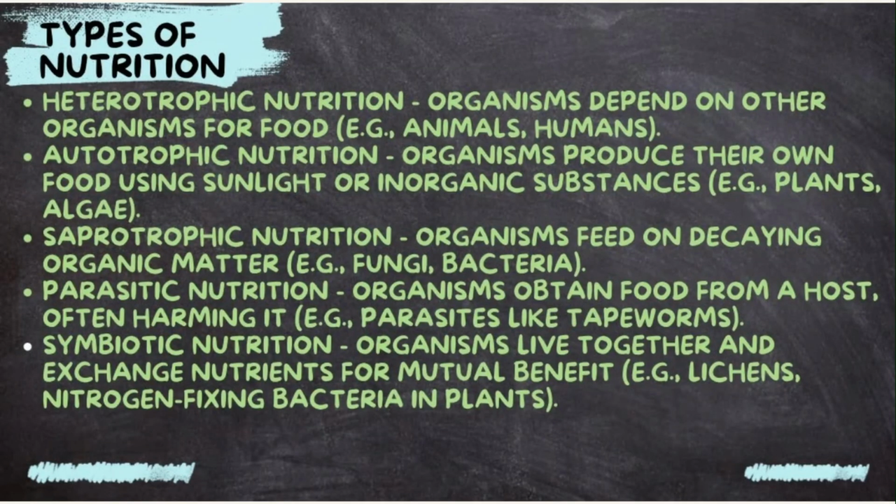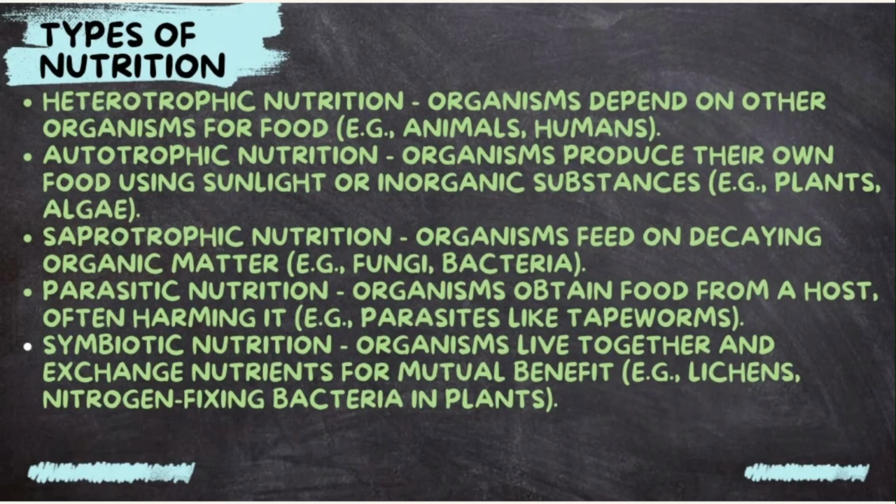Then you also have commensalism, which is where one organism benefits without harming the other one, right? So I benefit and nothing happens to you. I don't hurt you, I don't do anything, but I benefit, technically, without hurting you. So it's one organism benefiting without hurting the other one.